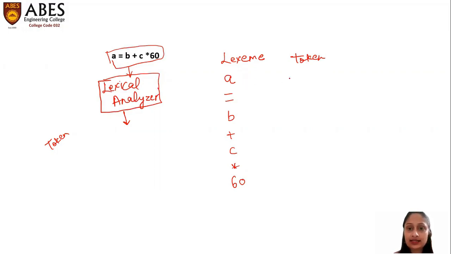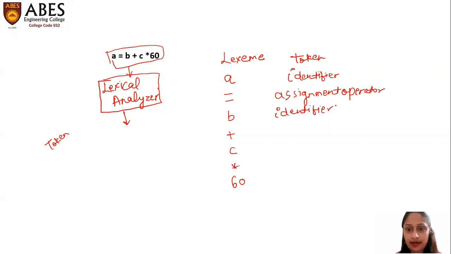Here, A is an identifier. It's an assignment operator. B is also an identifier, or we can say a variable.